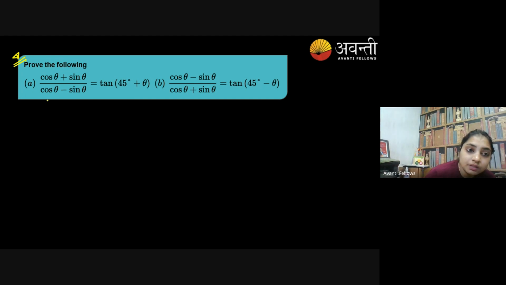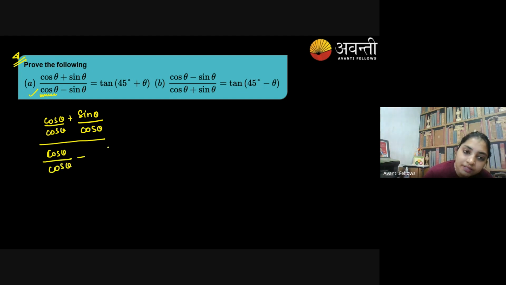Whatever the denominator's first term is, just divide the whole expression by this term. It will look like cos theta by cos theta, sine theta divided by cos theta, divided by cos theta divided by cos theta minus sine theta divided by cos theta. Clear to all?